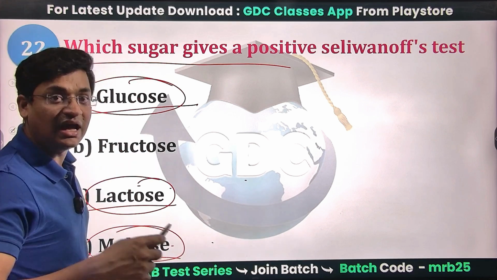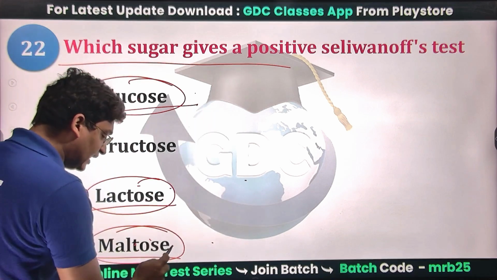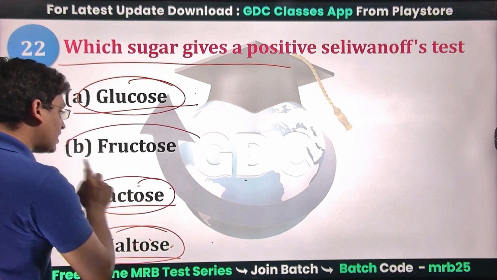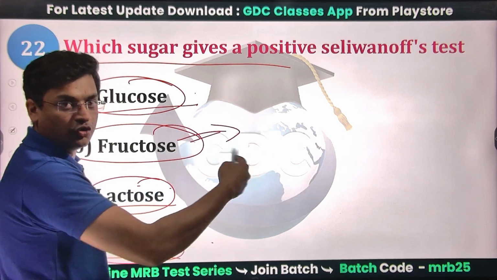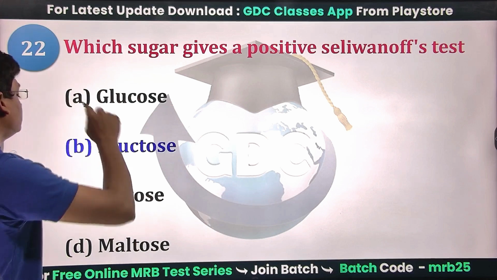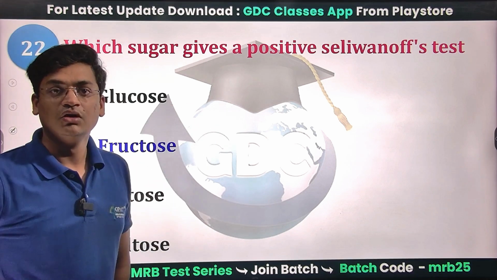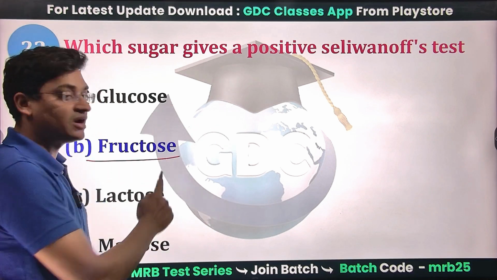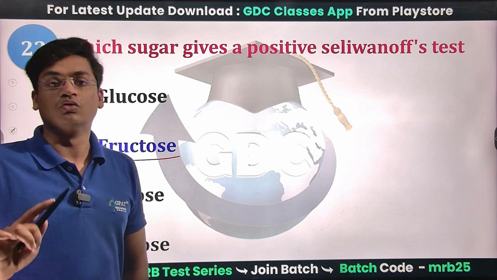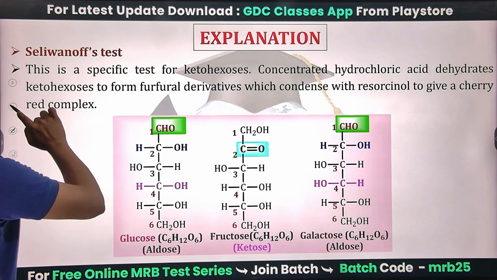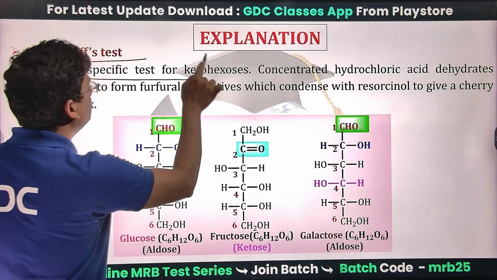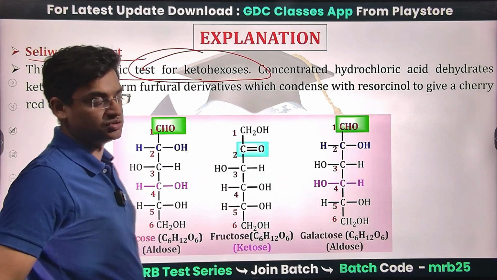So all have aldehydic groups, while fructose has a ketone moiety, a ketonic functional group. So yes, B will be the right answer. The Selivanov test is only positive for fructose, since only fructose has a ketone group. Selivanov test is a specific test for ketohexoses.